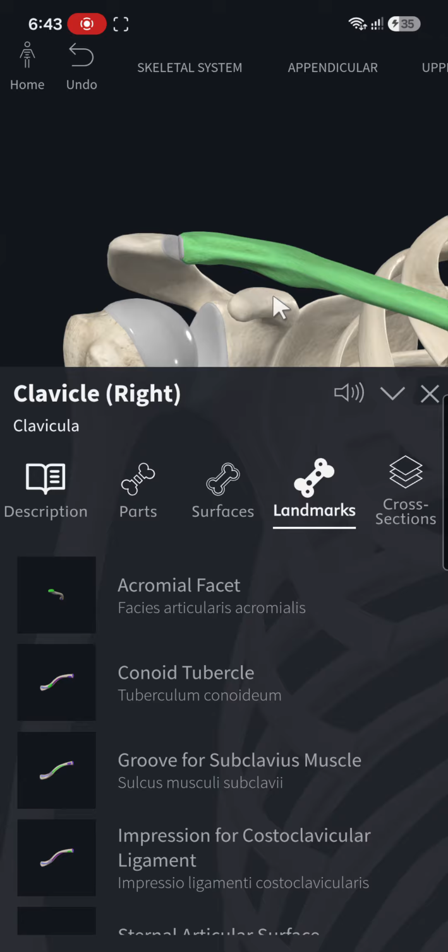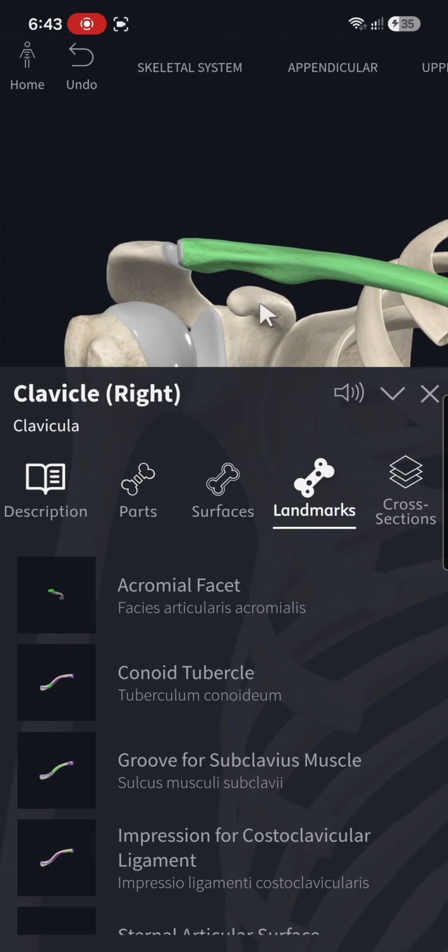So the clavicle has 2 landmarks that attach to 2 parts of the scapula, a posterior process and an anterior process. Here is the posterior process, which is the acromion process, and the coracoid anteriorly.